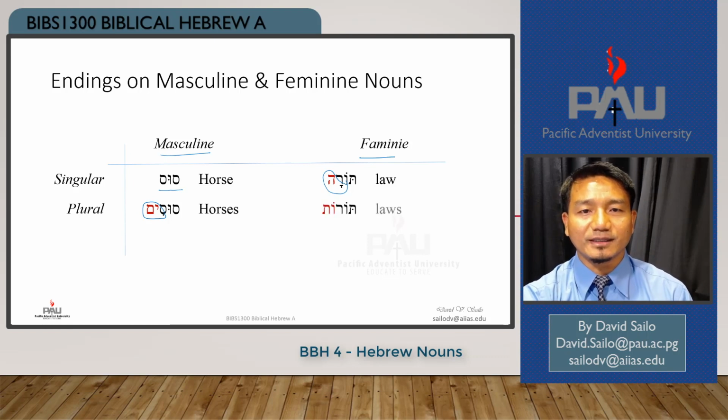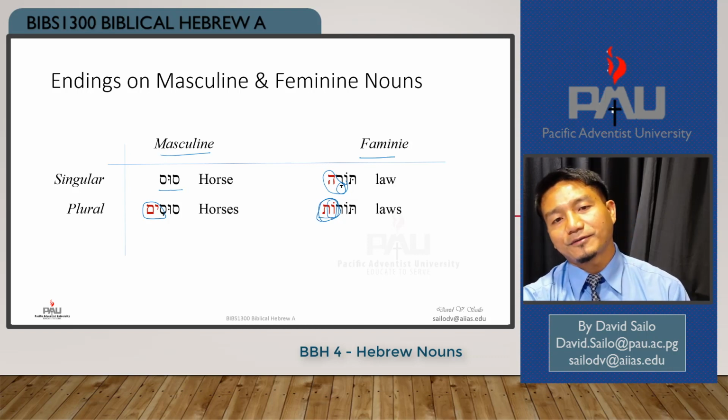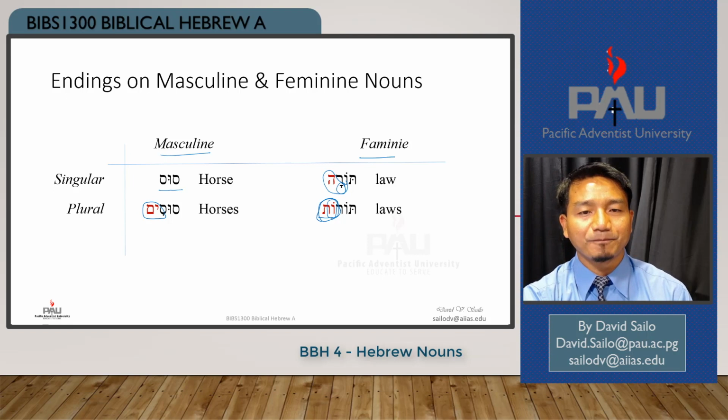How about the feminine noun? For a feminine noun, you're going to make some modification here. Instead of kametz, you're going to use holem vav, and then the he turns into tav. Okay? So when you add this to a feminine noun, it becomes plural.